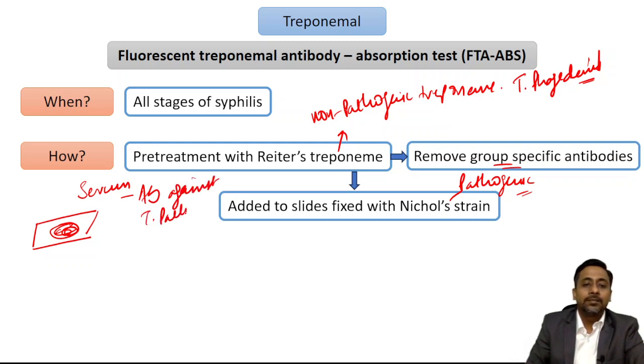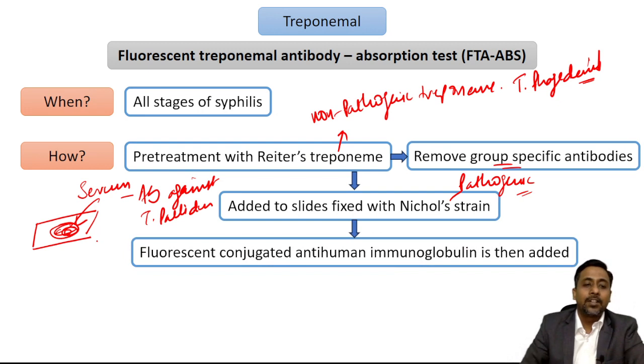And after that, we will cover the smear with fluorescent tagged anti-human immunoglobulin, which will bind with this antibody. So it will give fluorescence.